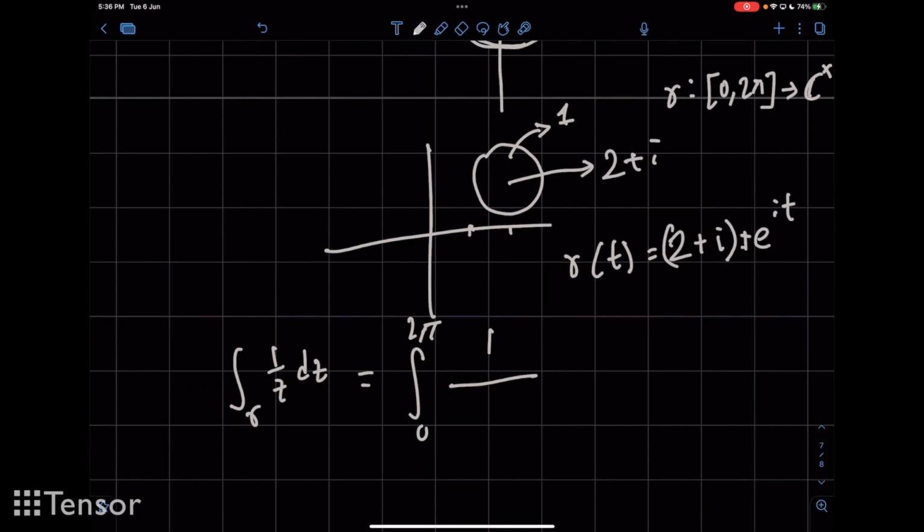So f of gamma of t is 1 over 2 plus i plus e to the power it. I'm extremely sorry for that. Then I'll have the derivative of gamma. The derivative of gamma is i e to the power it.